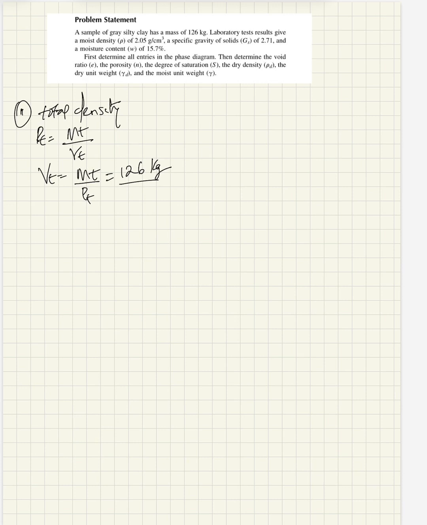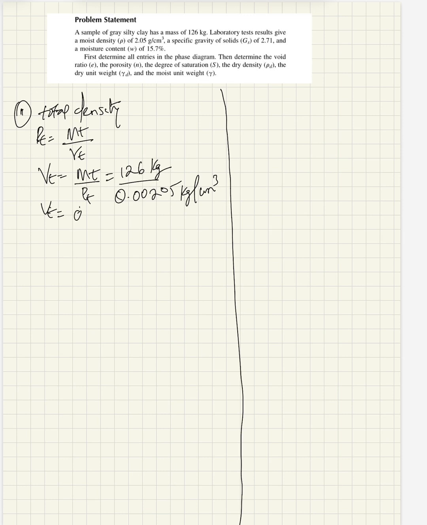So you convert that to kilogram per cm cube. So we have 0.00205 kilogram per cm cube. So total volume equals 6143 cm cube. So that's the total volume.